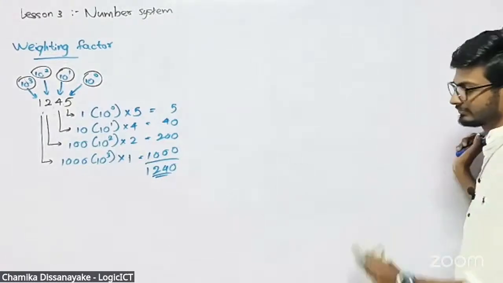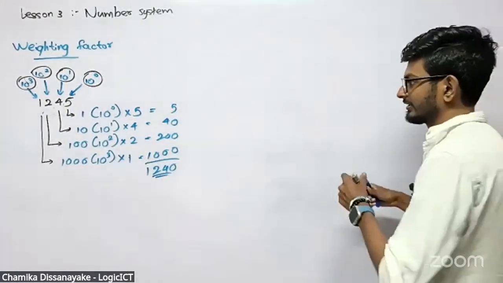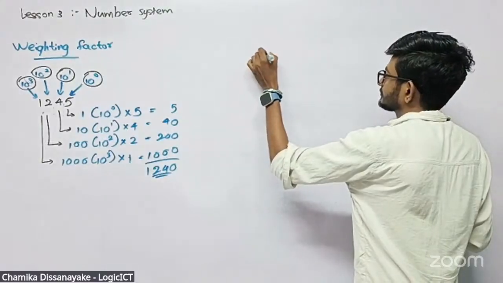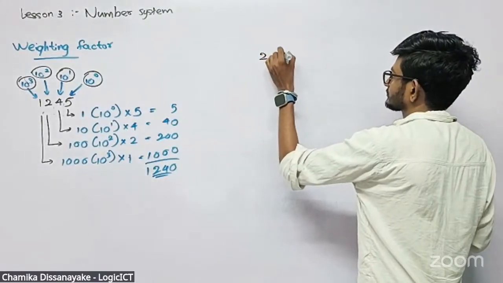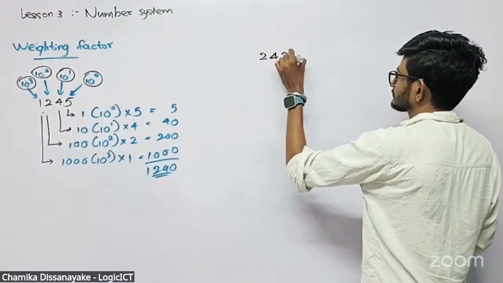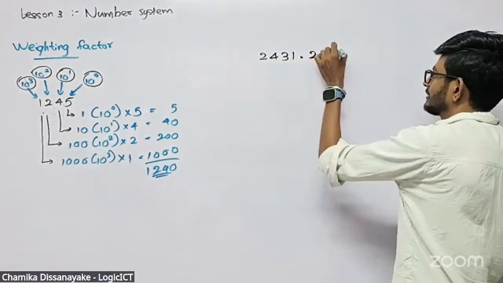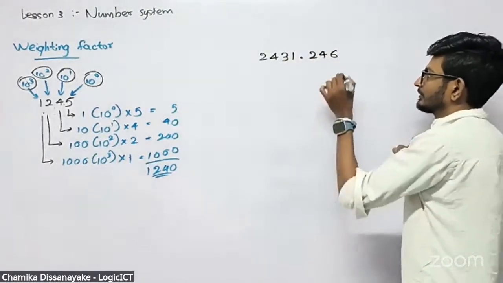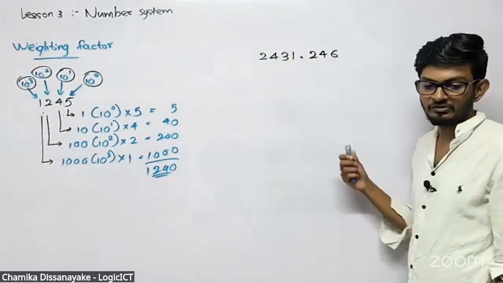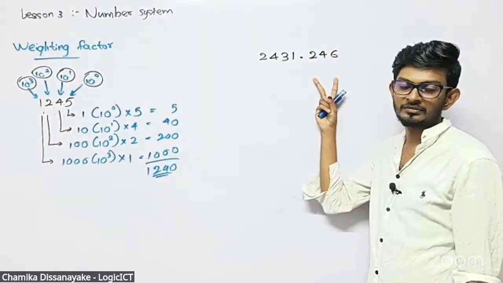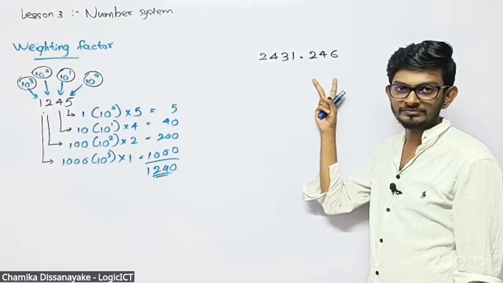So if I write this kind of number, 0.246, that means we have a fraction number. So what about this number? What will be the weighting factor?